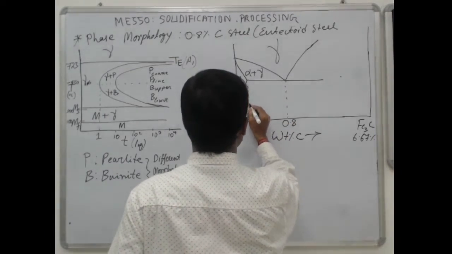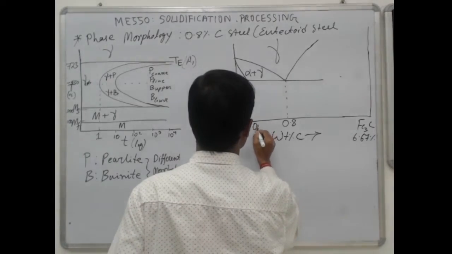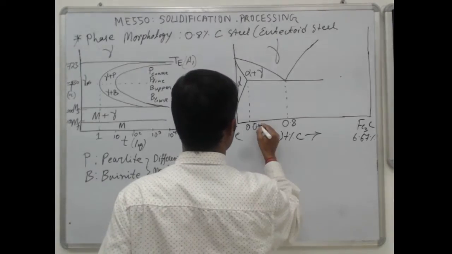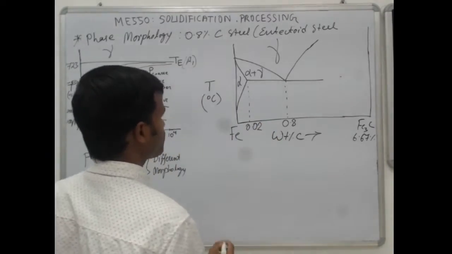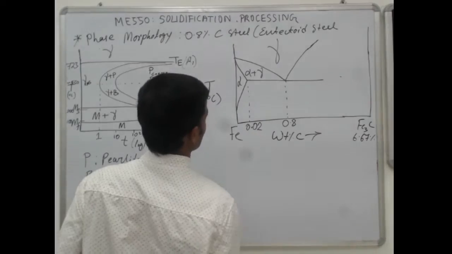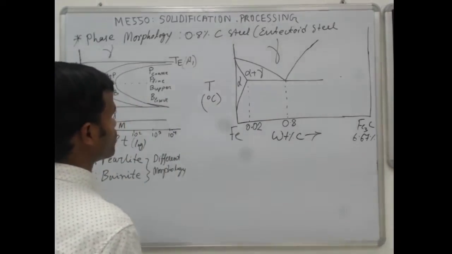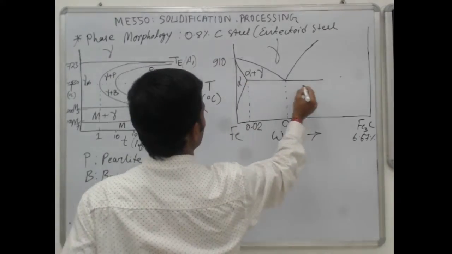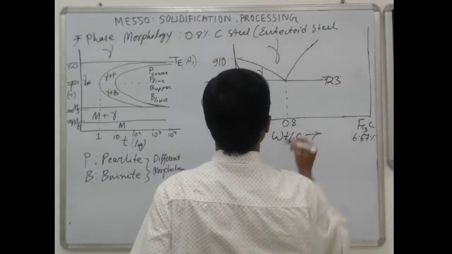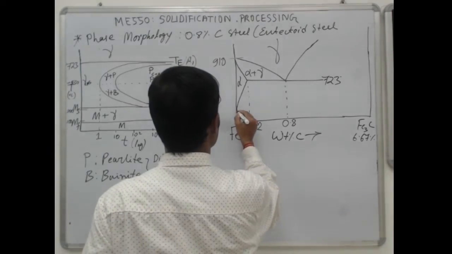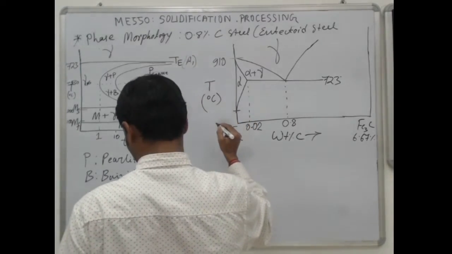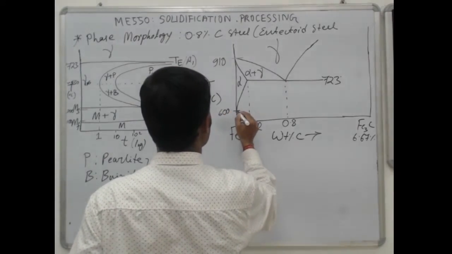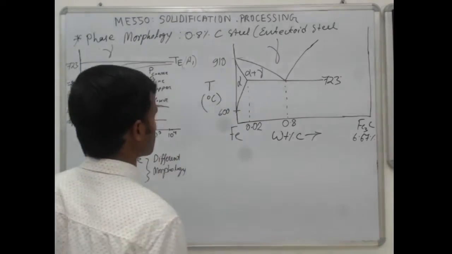This composition is 0.02%. Now this temperature is 910, this temperature is around 723, and after 600 degrees or something like 550, the solubility goes down and it becomes almost pure iron.